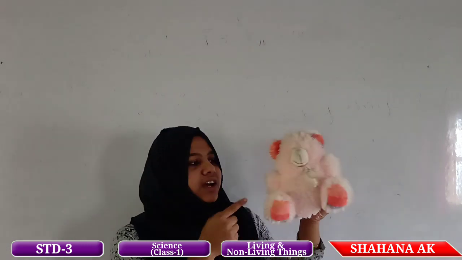At first, I am showing something to you. All of you listen here. First thing I am showing is a doll. If you look at this doll, do you like it? Do you want this doll? Second one is a plant. Third thing I am showing is again a toy.